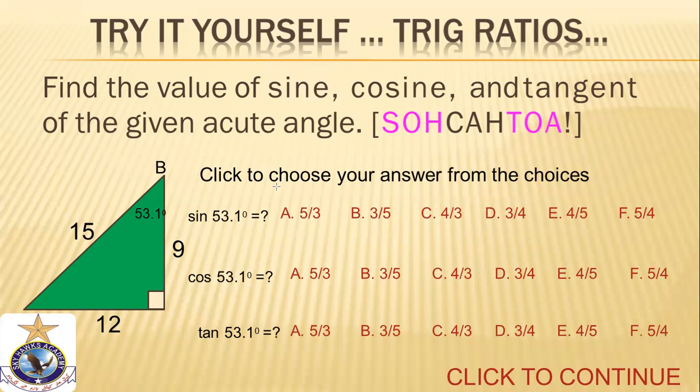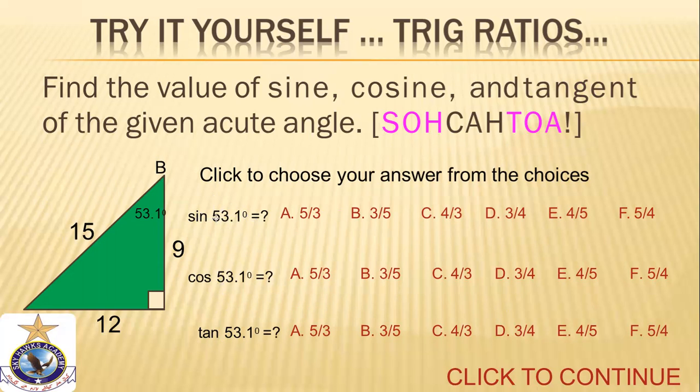Do you want me to do all of these and then tell you all of them, or one at a time? One at a time. You will have to match from A, B, C, D, E, F. You will have to find the sine, cosine, and tangent one by one.